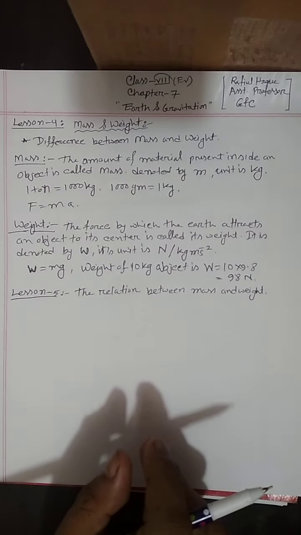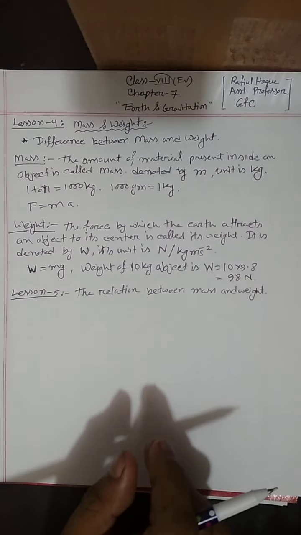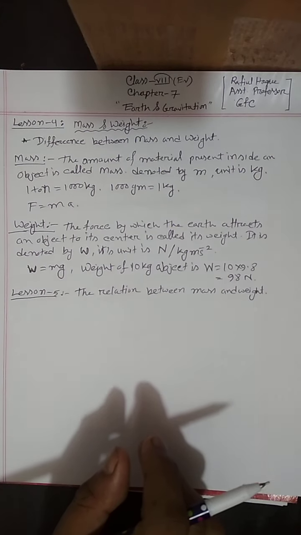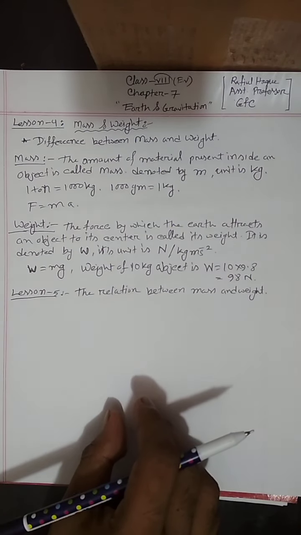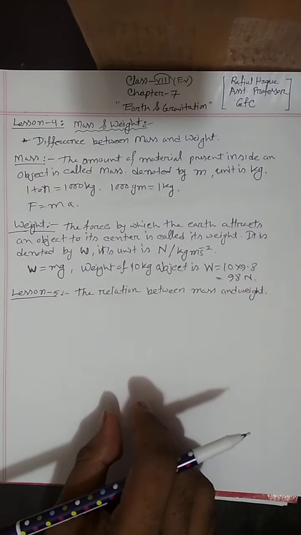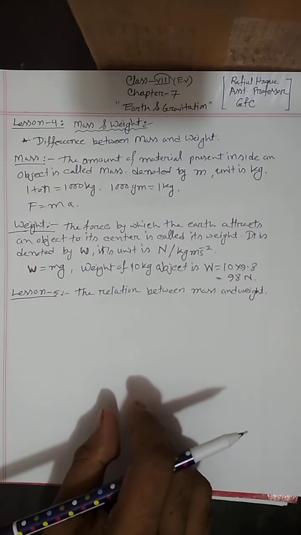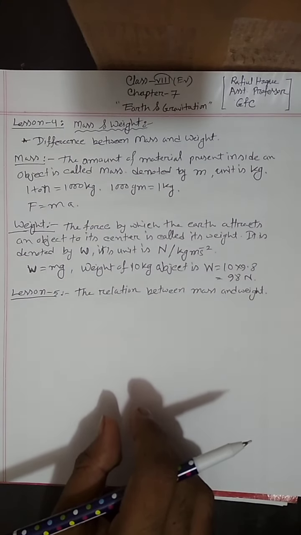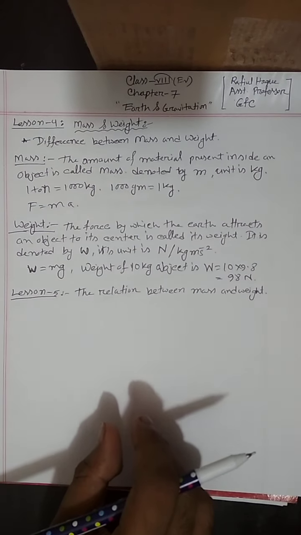The reason for which the value of the acceleration due to gravity changes is also the cause of the change of weight of an object. The weight of an object is not a fundamental parameter. For example, an object may have weight in one place and may not have weight in another place.